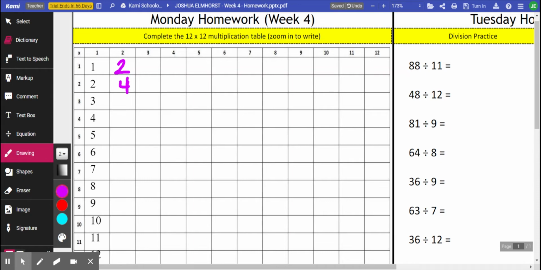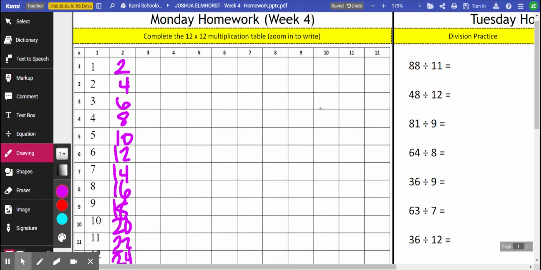So 2, 4, 6, 8, 10, 12, 14, 16, 18, 20, and 2 times 10 is 20, 22, and 24. So those are some quick ways where you could memorize those. And I might actually go down to font size 1 here.